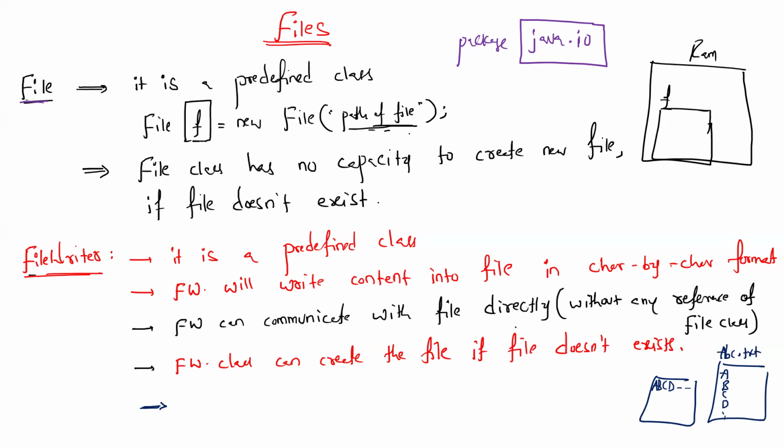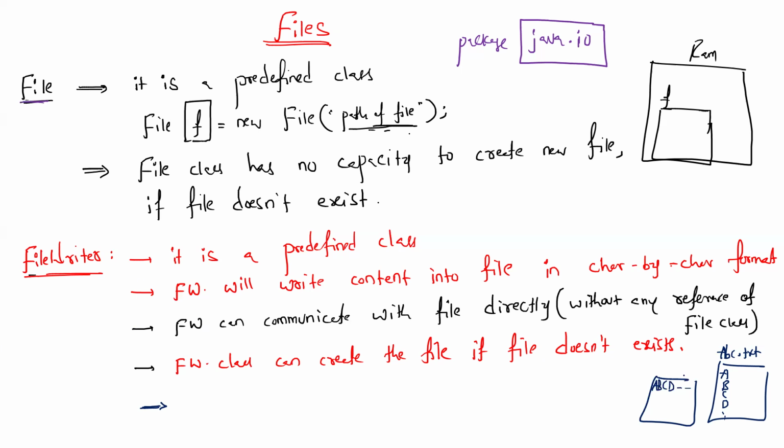Then what does the programmer have to do? We have to use the new line approach. Anybody aware of escape sequences? \t for tab space, \n for new line, next line, like that. They are called escape sequences.